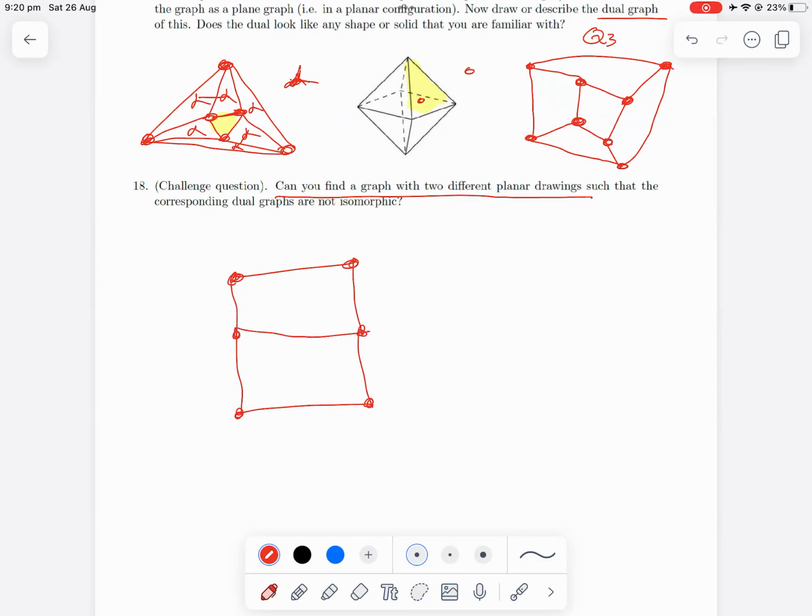Okay, this one, this. So what is the dual graph? Okay, so the dual graph here is here. Can I try with this? Okay, so here this face, here, this face, here, this, so with this edge as well, with this edge as well.